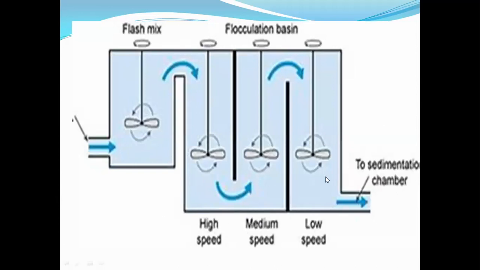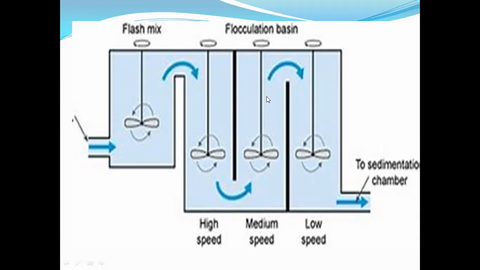See, this is one tank. In this tank the water is present and coagulant is added into this water. Then these paddles are revolved. While these paddles are revolving, floc is formed in the water.